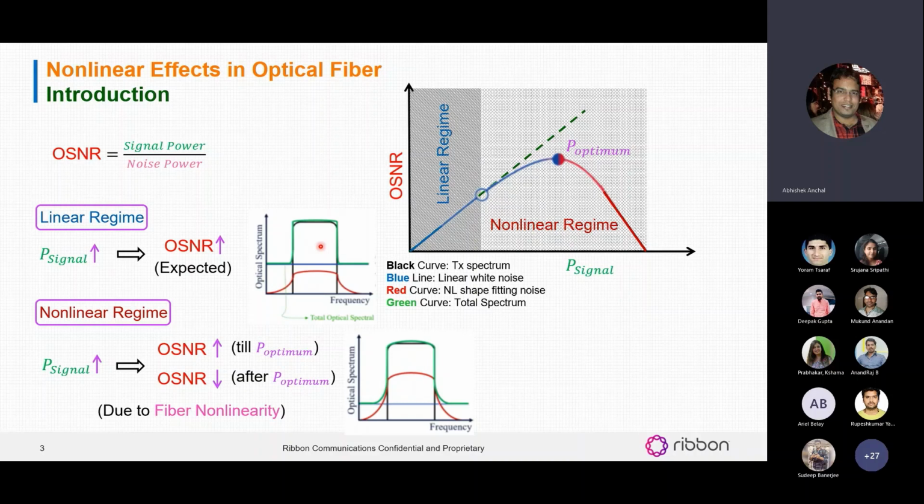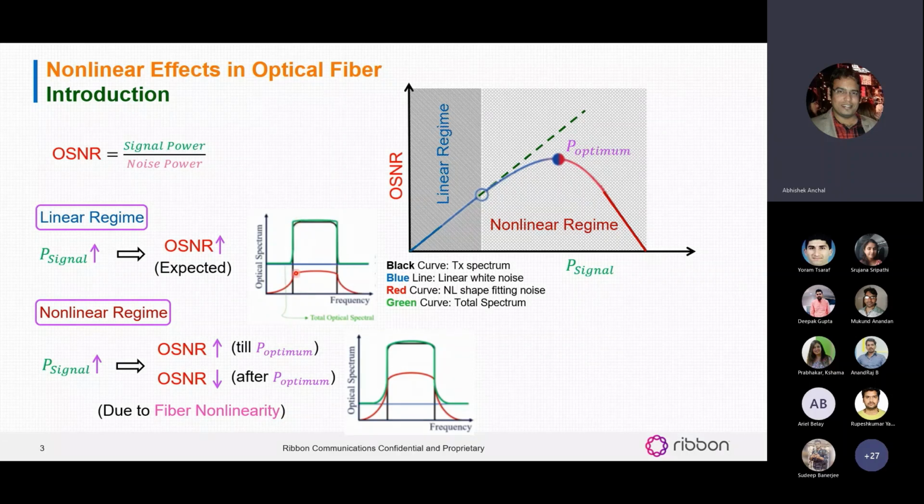In the linear range, where the power is low, only the ASE noise occurs. The ASE noise can be modeled as white Gaussian noise, meaning this noise is present at almost every frequency. Because of the ASE noise, and because the nonlinear noise is very low, the signal spectrum almost doesn't change in the linear regime. In the nonlinear regime, the nonlinear noise comes into place, and the nonlinear noise has the shape of the signal itself.